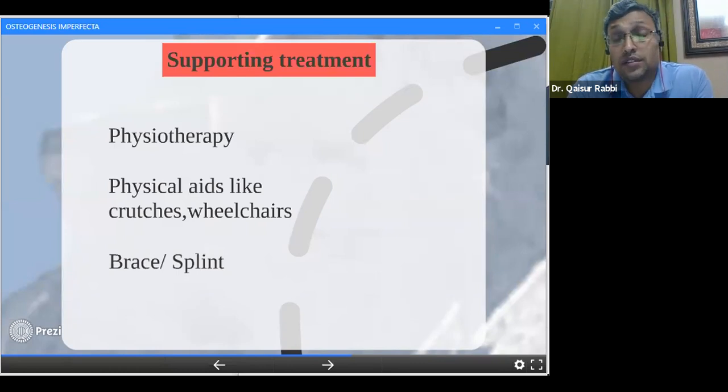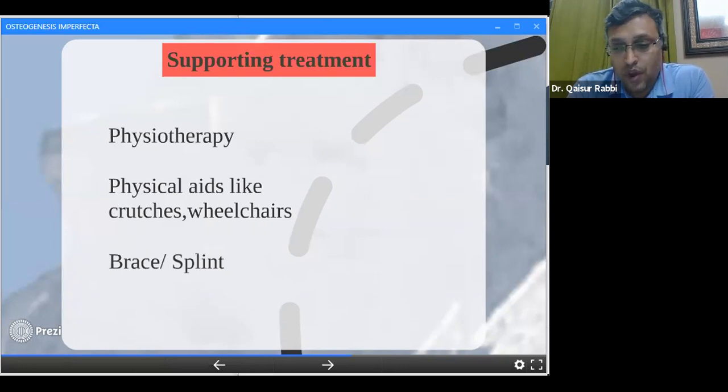So we can also start supportive treatment by mobilizing the child with a wheelchair or crutches, if we think he can cope with that.